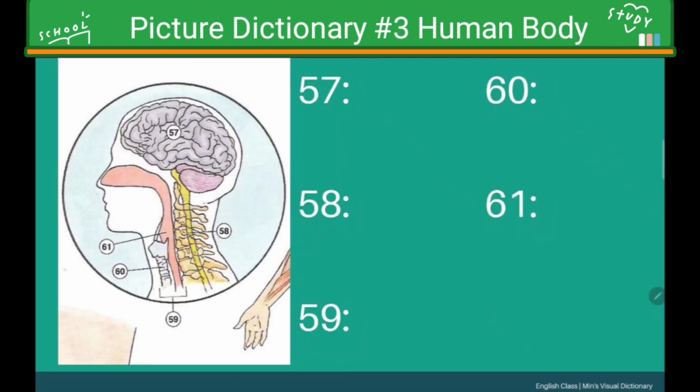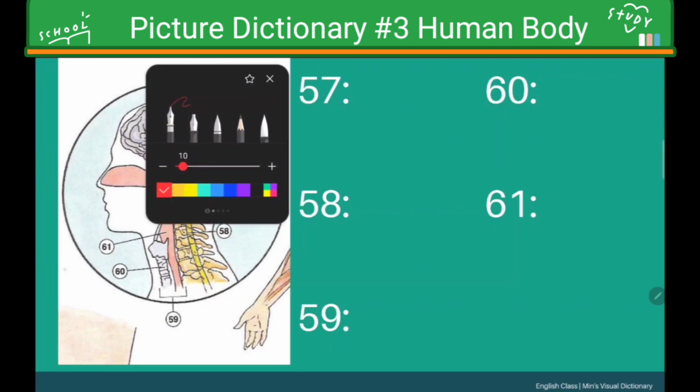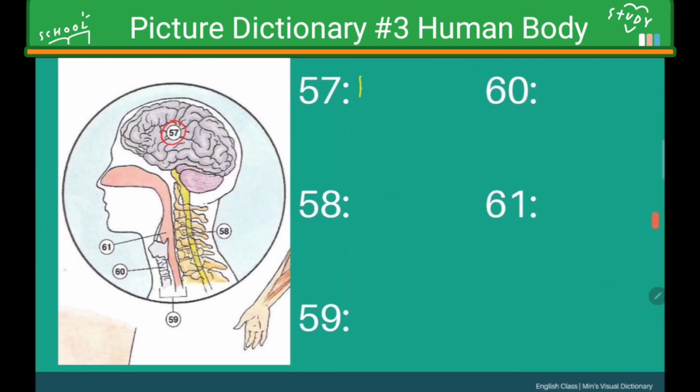All right, now we are on to the most important part of our body, which is our head. And this part right here, the one that has many wrinkles, well, that is our brain. Brain.